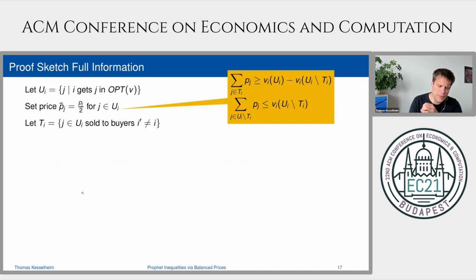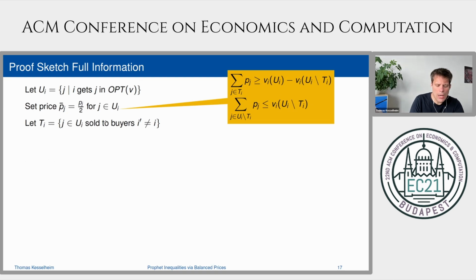In this full information setting, which I was also arguing about earlier, we know the entire valuation profile, which means nothing but that the probability distributions are just point distributions. They put all probability on just one valuation function. Now we can just define prices as before, but the expectation for defining the price vanished. And also this V tilde vanished, because V tilde and V would now just be the same.